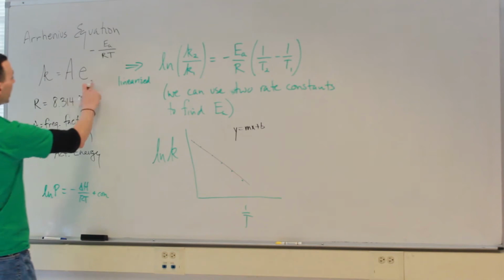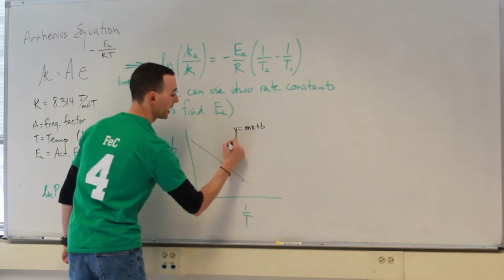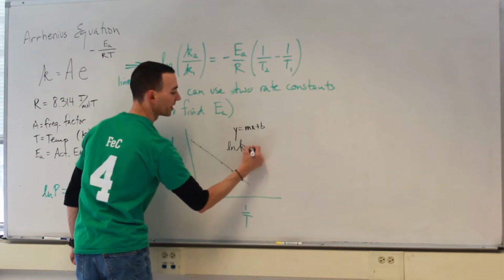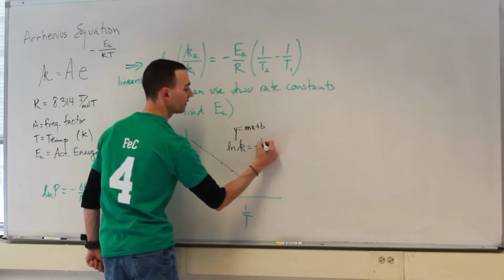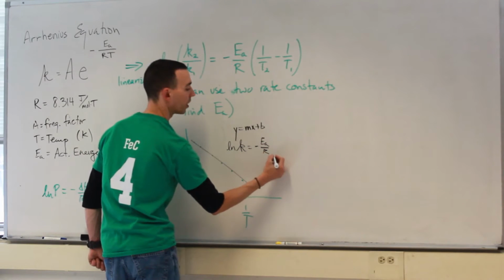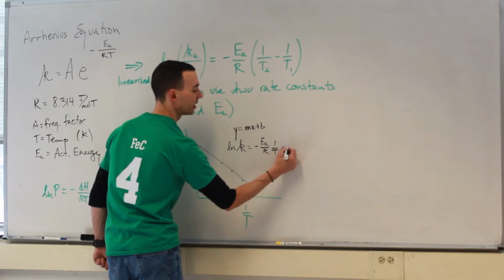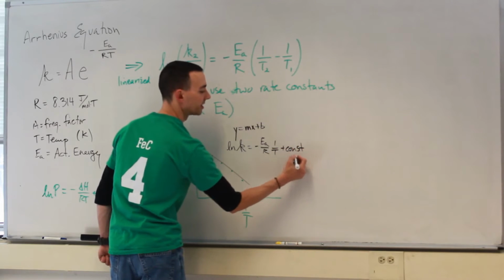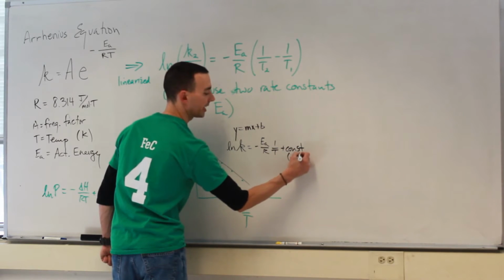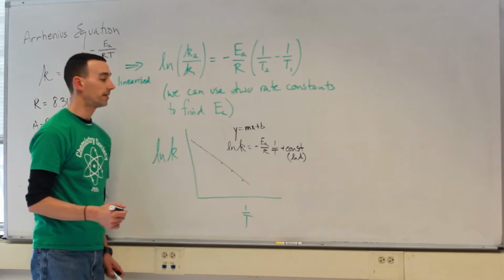But for the linearized version here, it would be ln of k, that's our y variable, equals negative E sub A over R times 1 over T plus a constant. This constant would actually be the ln of your frequency factor.